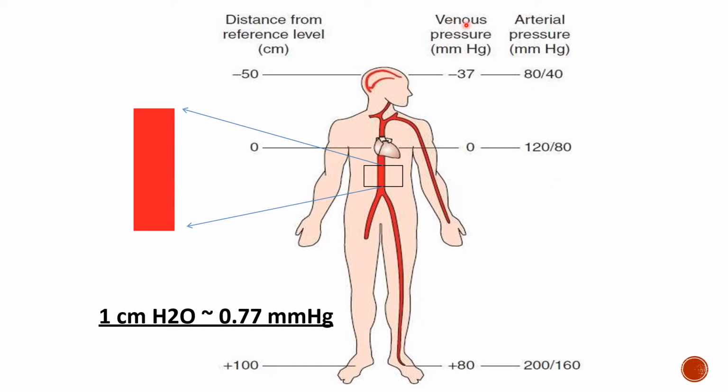And here the venous pressure above, at the head, is minus 37 mmHg and the arterial pressure is 80/40, and at the reference level the arterial pressure is 120/80, and below the reference level the venous pressure is plus 80 and the arterial pressure is 200/160.